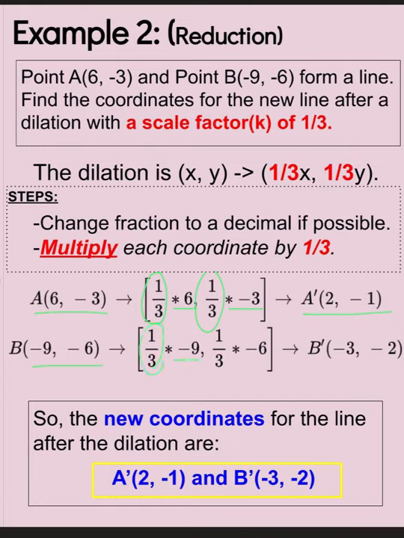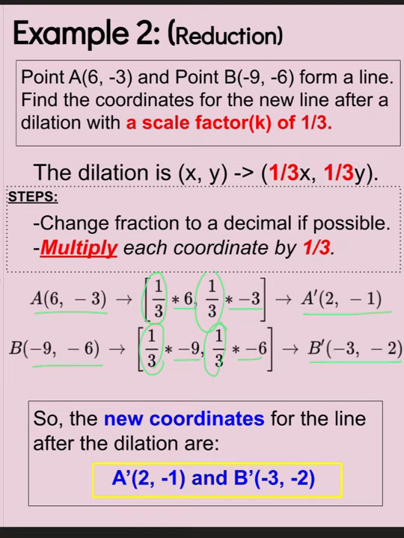Scale factor times the x coordinate, scale factor times the y coordinate gets you your new B prime coordinates. So down below we have our coordinates for the new line. And hopefully you know, even though you don't see it, because it's a reduction, the line is going to be a shorter line if you actually had to look at a picture.